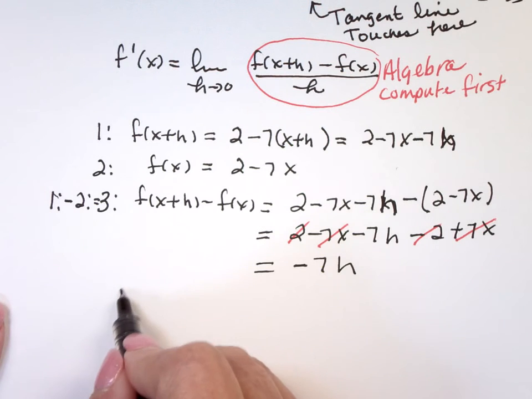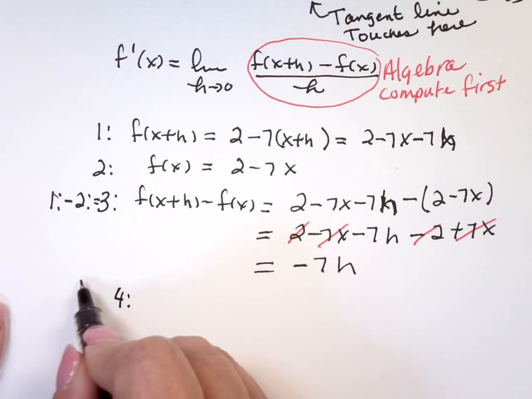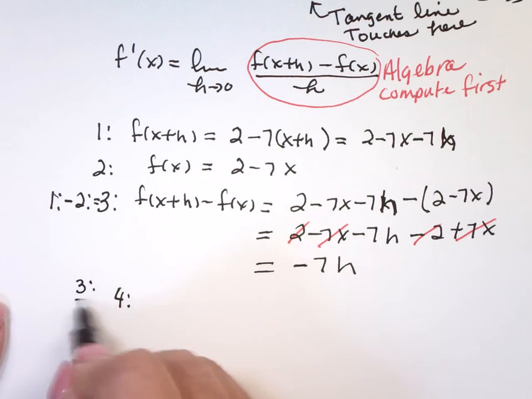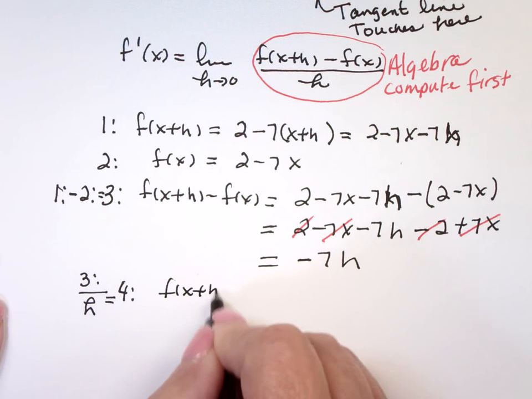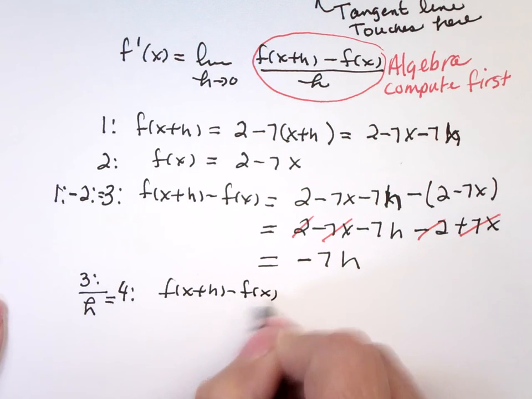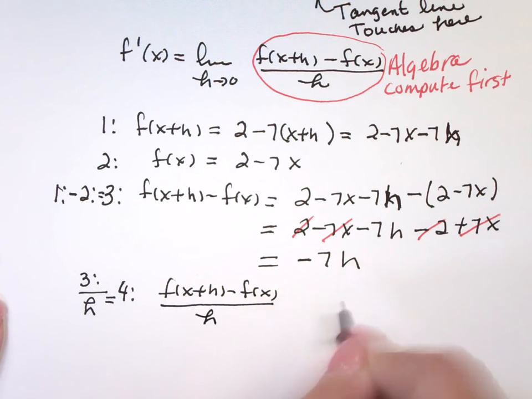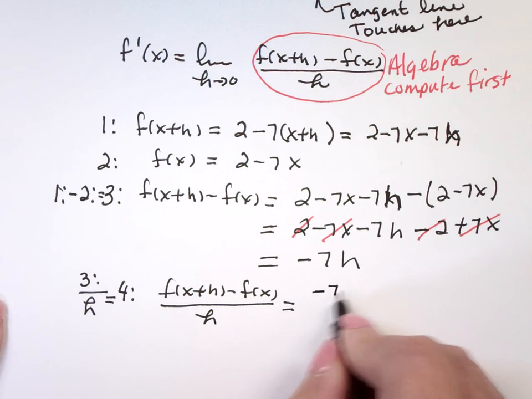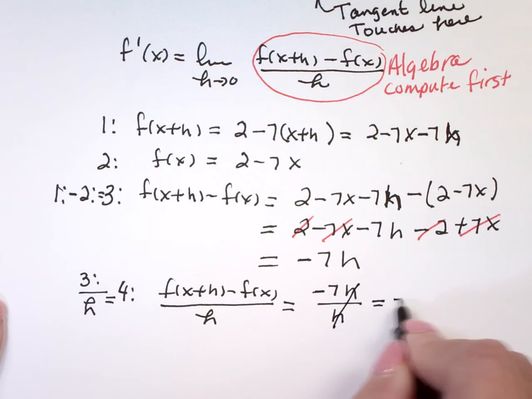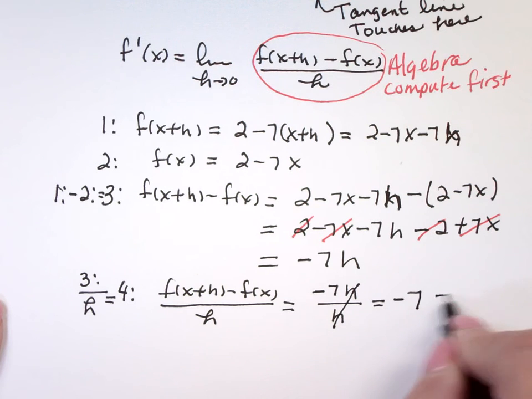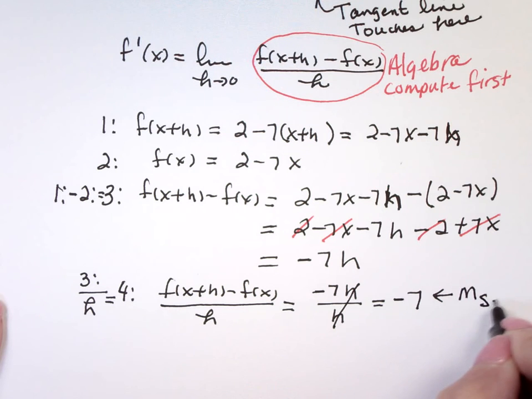Now I'm going to take what I got in step 3 and divide that by h. So that's f of x plus h minus f of x all over h, which is minus 7h over h. The h's drop out, minus 7. This is the slope of the secant.